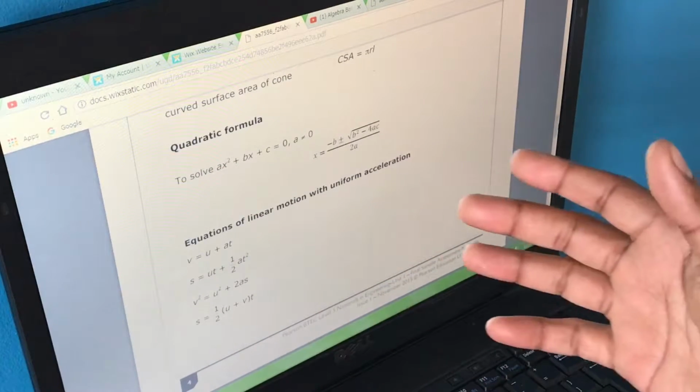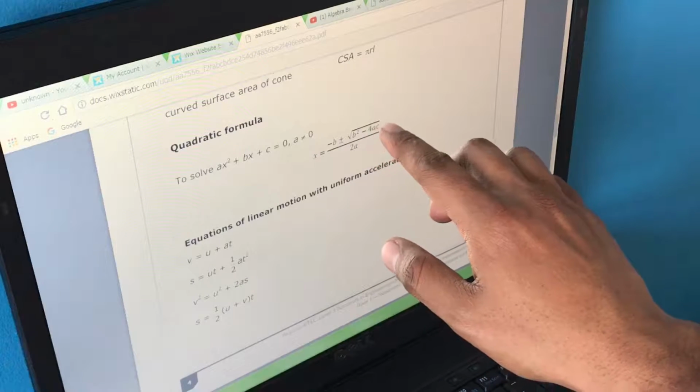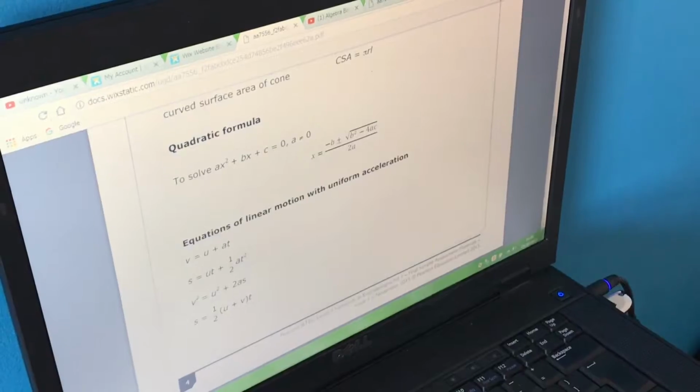So the roots for this quadratic equation are minus b plus minus under root of b square minus 4ac divided by 2a. So I'm going to be using that formula to solve my problem here.